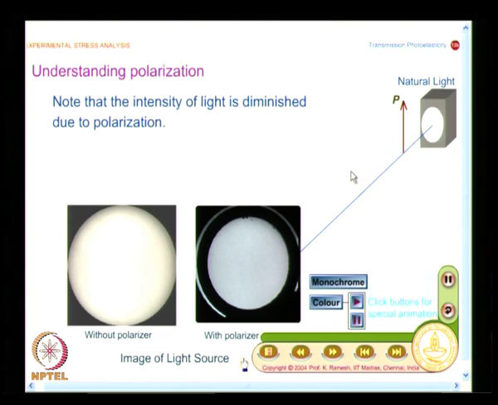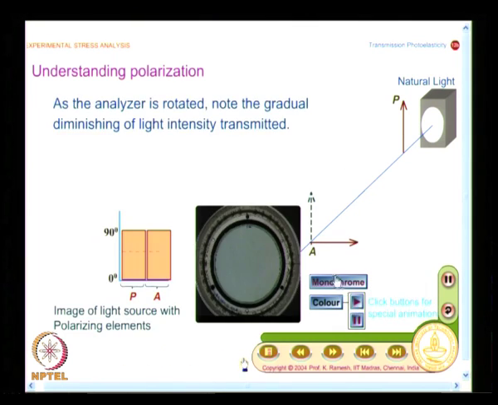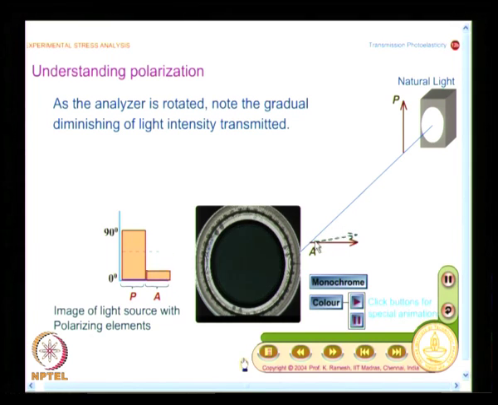I introduce another element, physically the same, kept at different orientations. When I rotate this element, the intensity progressively diminishes, and when its axis becomes horizontal, that is perpendicular to the polarizing axis, the light that comes out of the polarizer is completely cut off by the analyzer.